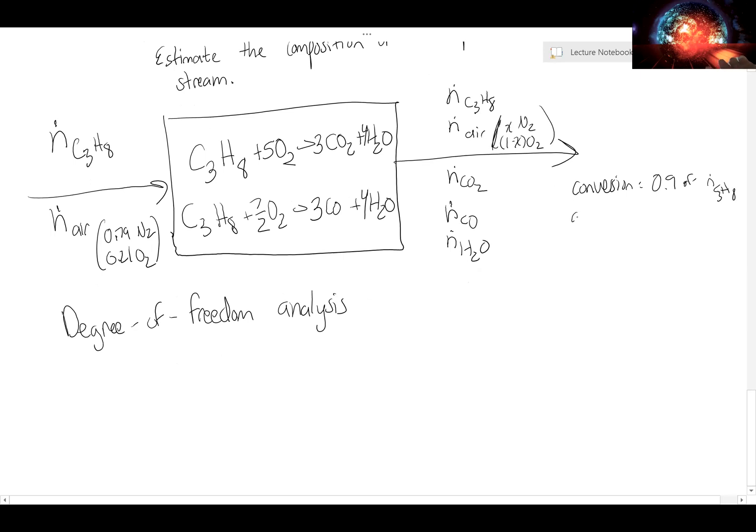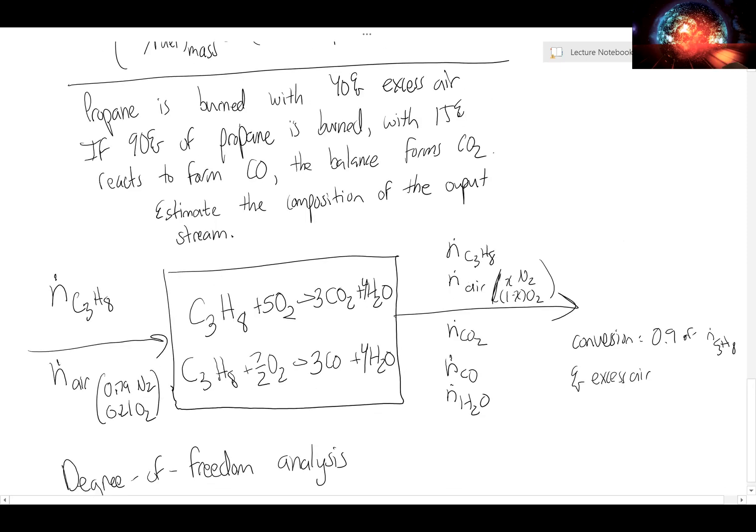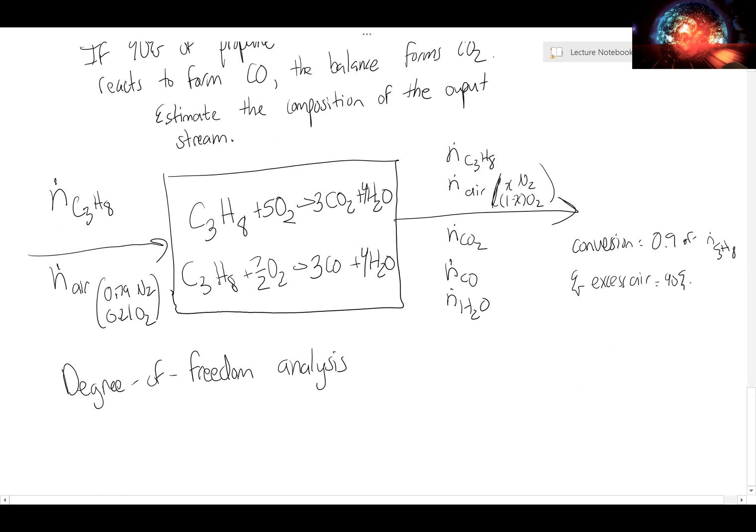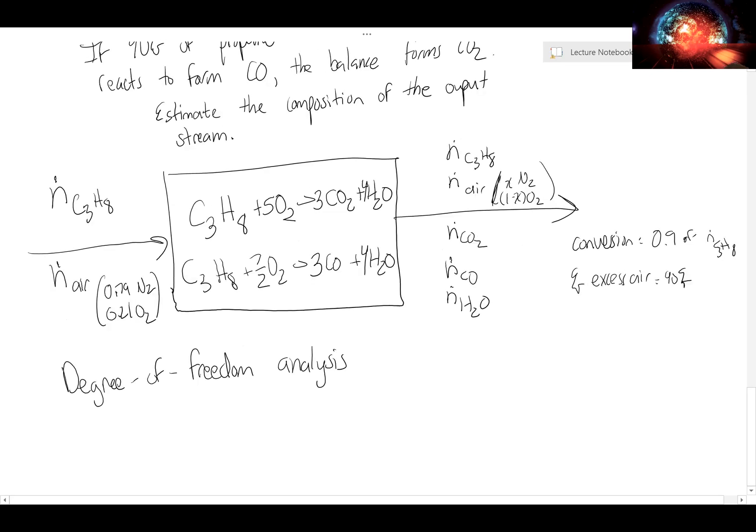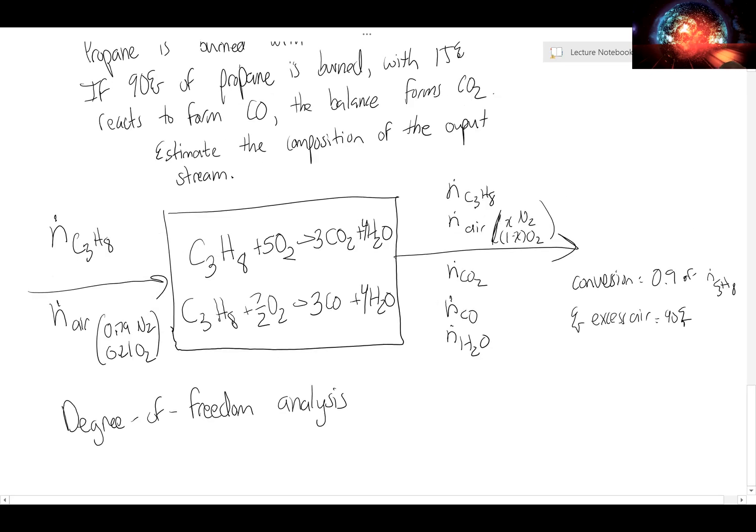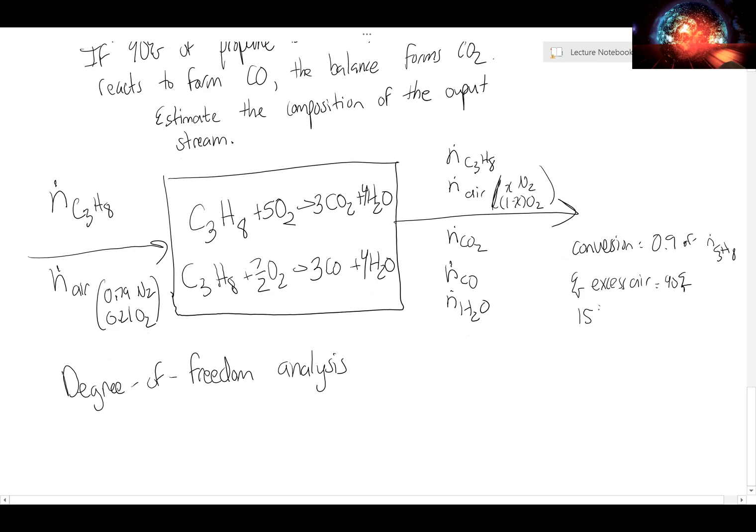We know the percentage of excess air coming in based on the problem statement. And we know that 15% goes to CO. So that gives us 3 relations.